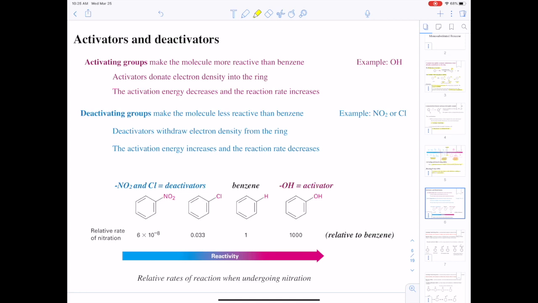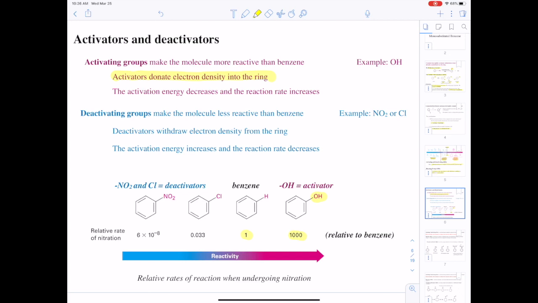So activating groups donate electron density to the ring. Something like a hydroxyl group is an activator. It donates electron density to the ring. We'll see that in a minute. And we see that the reactivity is 1,000 times greater than that for benzene.